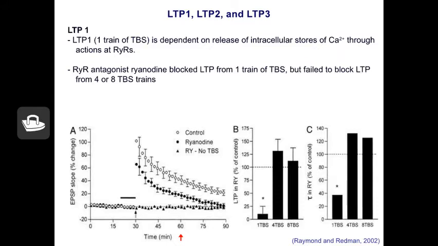It also needs the calcium-induced calcium release through ryanodine receptors. However, LTP2 and LTP3 are not dependent upon this mechanism. Hypothetically, they're dependent upon one or more other sources of calcium. Let's see if we can figure out what those sources are.